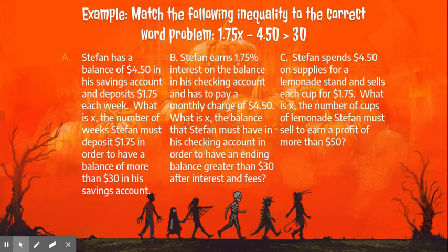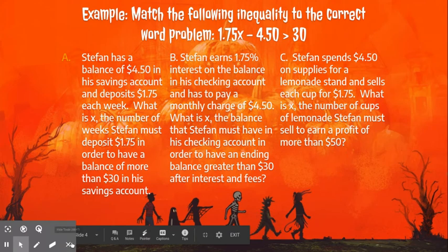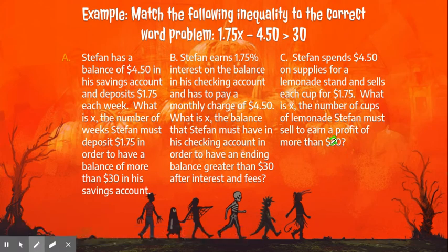Let's look at this first one: 450, 175, 30. Oh, I think this one should be 30, guys. I'm really sorry, that should be 30 right there. I'll go back and change it and post it for you guys.